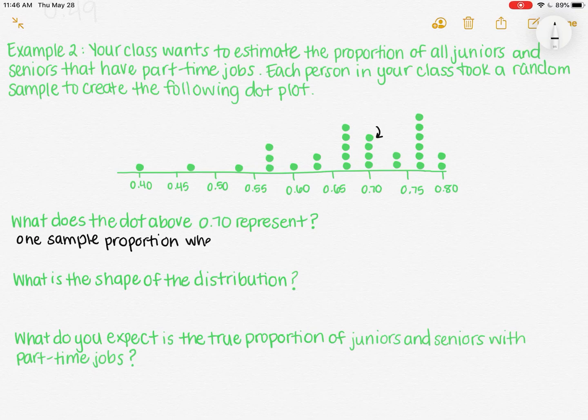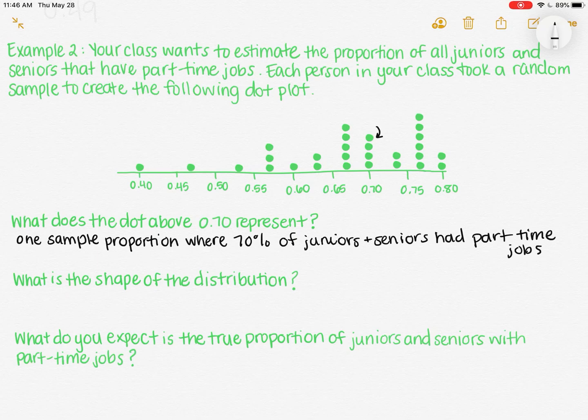So that's an example of what that might have looked like. So it's one sample proportion where 70% of the juniors and seniors had part-time jobs. So each dot is representing one sample proportion of a group of juniors and seniors with part-time jobs.